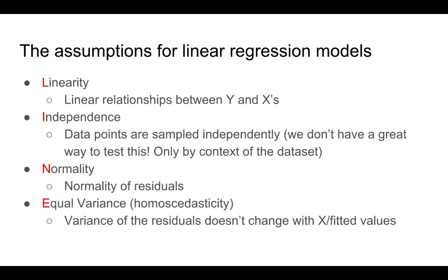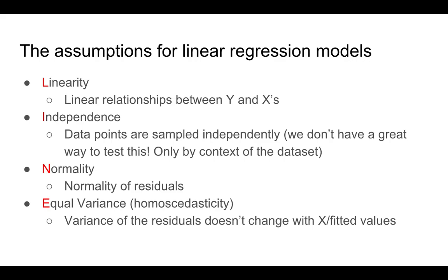And normality, which means that the residuals are normally distributed. And homoscedasticity or equal variance, which means that the variance of the residual doesn't change with the x-axis or the fitted value.